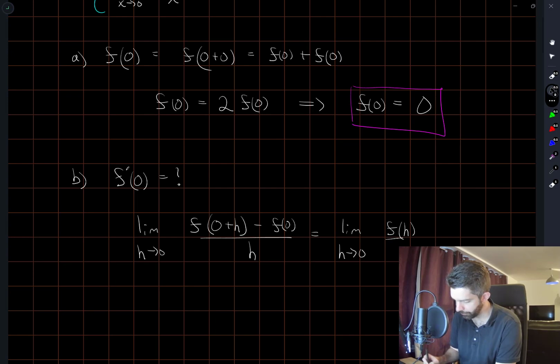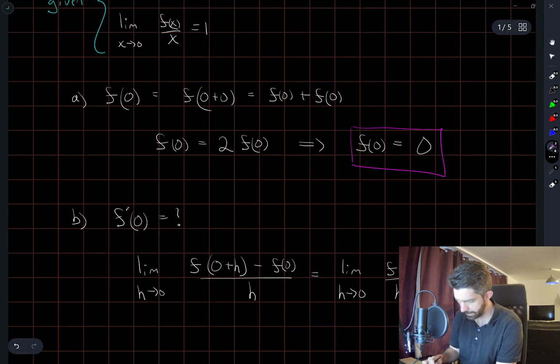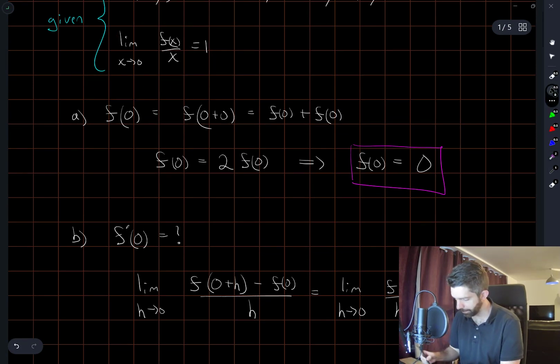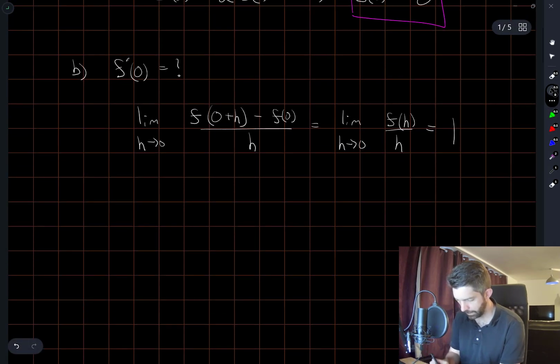We know that f of 0 is 0, okay? And the limit we have here is identical to the limit that we're given in this original property here. So this is just going to be equal to 1. Okay, so I've got that f prime of 0 is equal to 1.